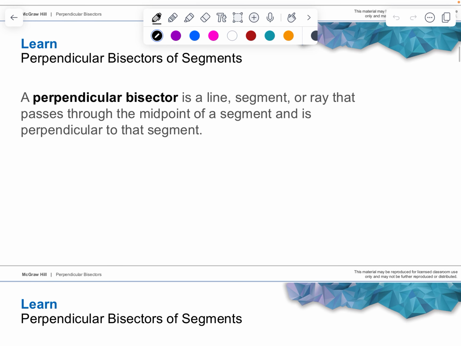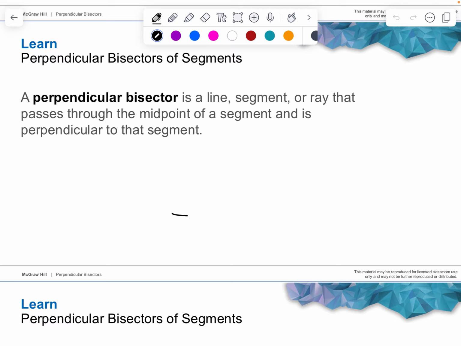So here we go. Let me get your notes up so I have them in front of me. A perpendicular bisector is a line, a segment, or a ray that passes through the midpoint of a segment and is perpendicular to that segment.